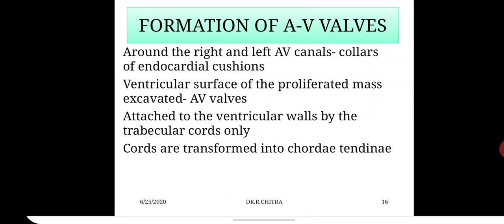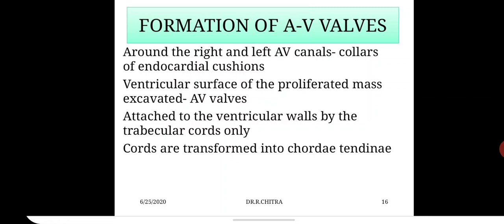Now we will move on to the formation of the atrioventricular valves. Around the right and left atrioventricular canals, the mesenchymal cells proliferate to form collars of the endocardial cushions. The ventricular surface of the proliferated mass is excavated to form the atrioventricular valves, which are attached to the ventricular walls by the trabecular cords.